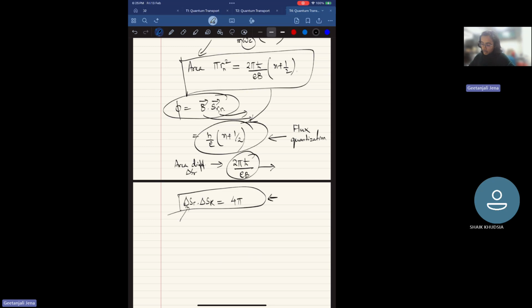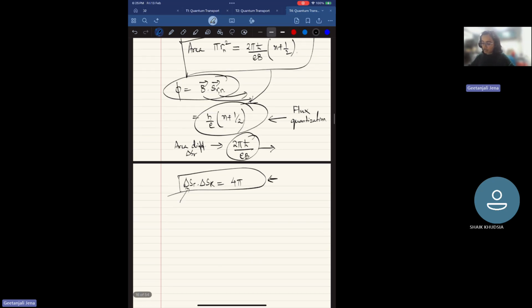Okay, and this is all about the quantization in the real space as well as in the momentum space. Now we'll see, for each energy level, each Landau level, what is the number of states inside it for a given area A.